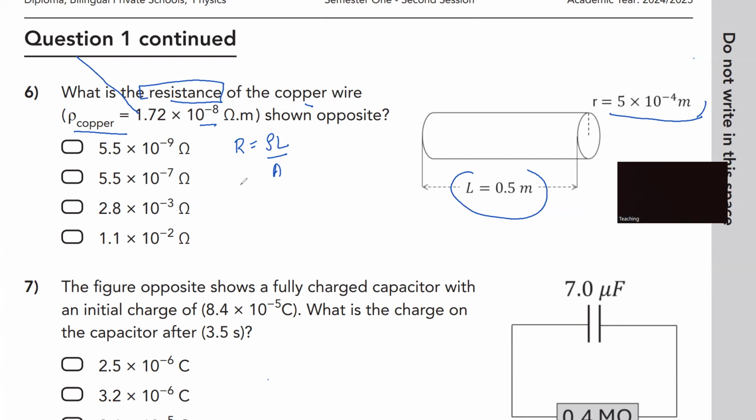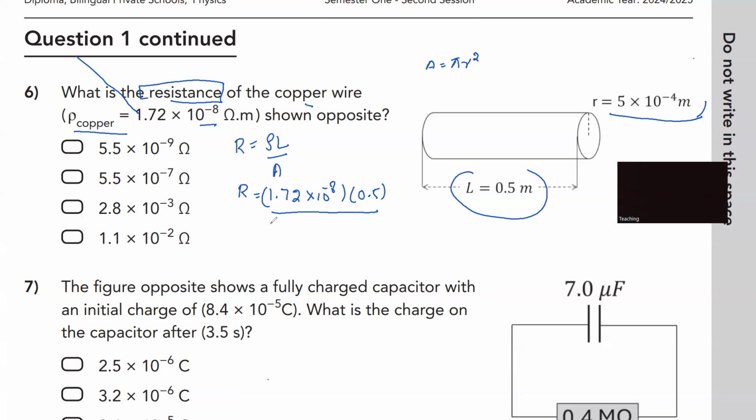So R is equal to, what is the value of rho? 1.72 times 10 power minus 8. And what is the value of length? The length is 0.5. And for the area, we know the formula for the area of a circle is pi r square. Just put in the values and you can get the answer.